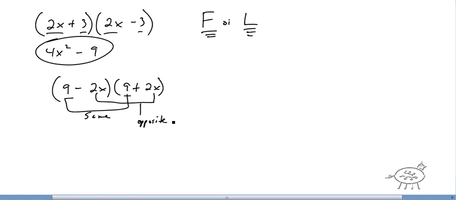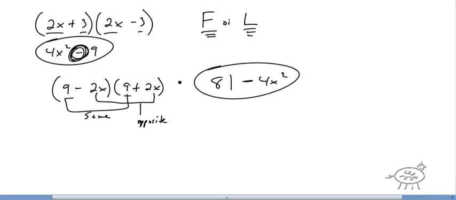One has to be the same, one has to be the opposite. So 9 times 9 is 81. Negative 2x times positive 2x is always a minus sign, because negative times a positive is negative. So minus 4x squared. Your answer is 81 minus 4x squared.